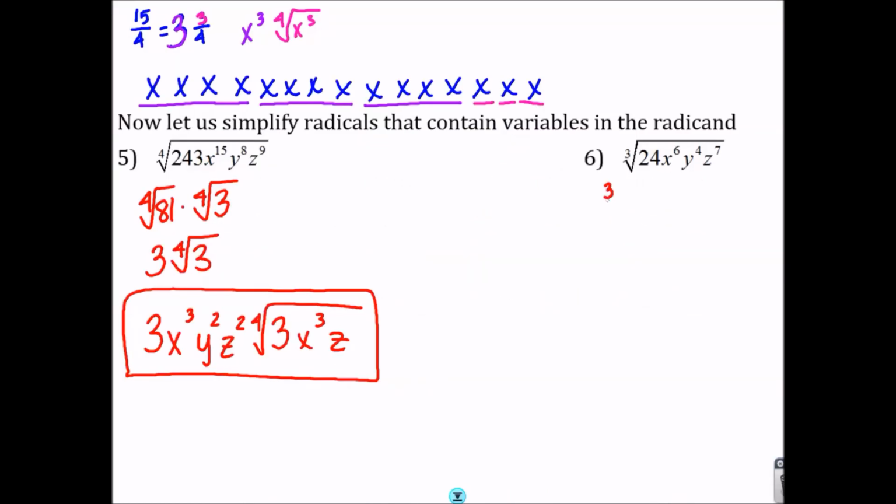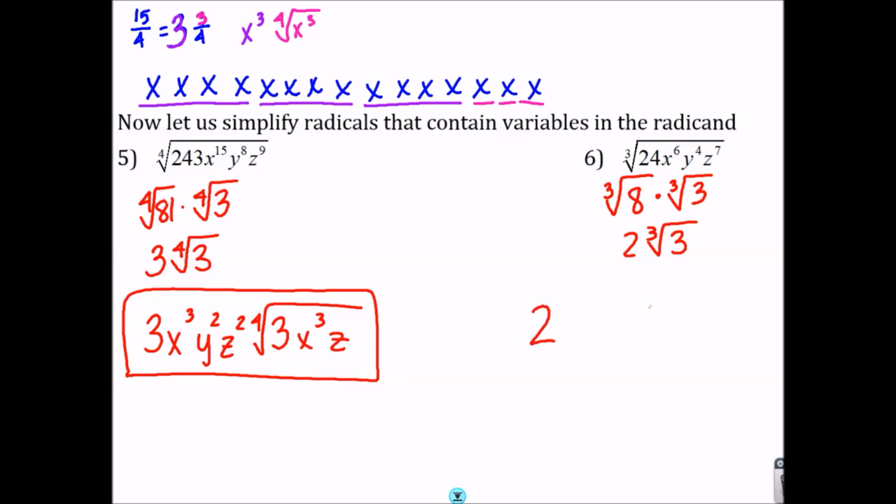So I know that the cube root of 24 can be rewritten as the cube root of 8 times the cube root of 3. Then we know that the cube root of 8 is 2. So the cube root of 24 can be simplified to 2 cube root of 3.